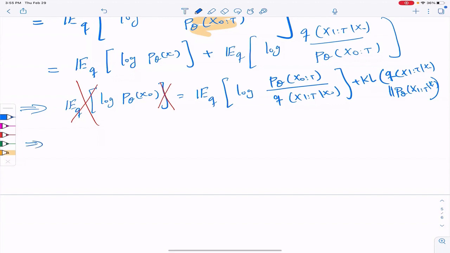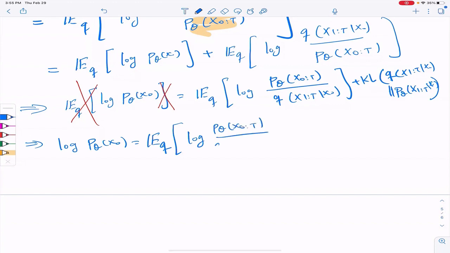Therefore, log of p theta of x0 is the expectation over q of log of p theta of x0 to t divided by q of x1 to t given x0, plus this KL term that I'm not going to write.